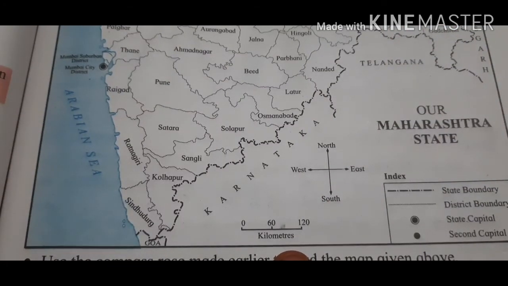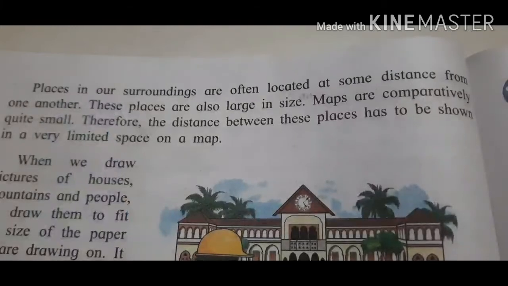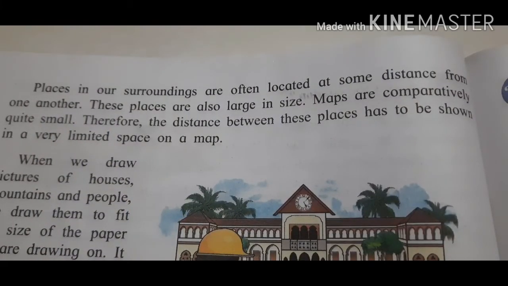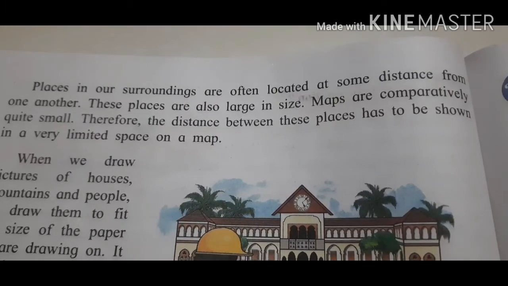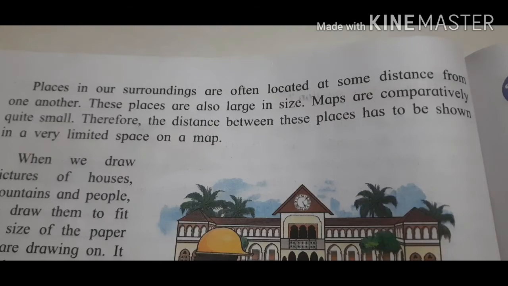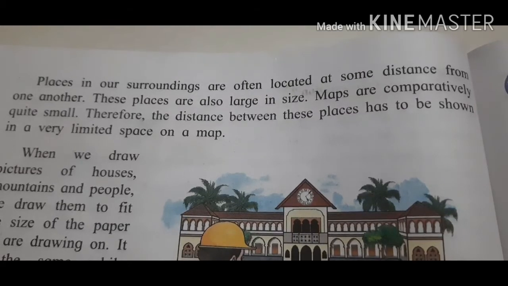Now, let's see how the scale of the map is done. Places in our surrounding are often located at some distance from one another. These places are also large in size. Maps are comparatively quite small. Therefore, the distance between these two places has been shown in a very limited space on a map.